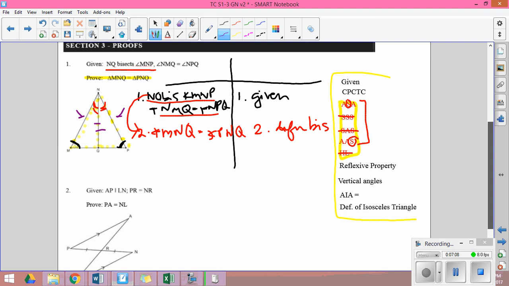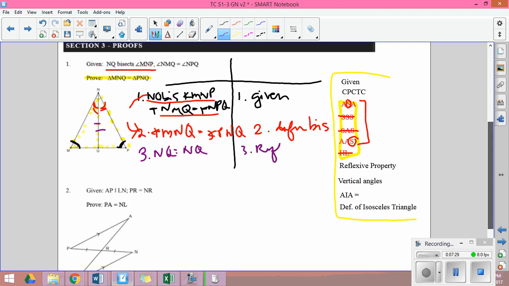Both are true. So I'm going to go ahead and use the reflexive, because that is just something that I typically look for. But if you saw that isosceles triangle and that those sides would be equal, that is a completely legitimate proof. So I'm going to write that NQ equals NQ by reflexive.